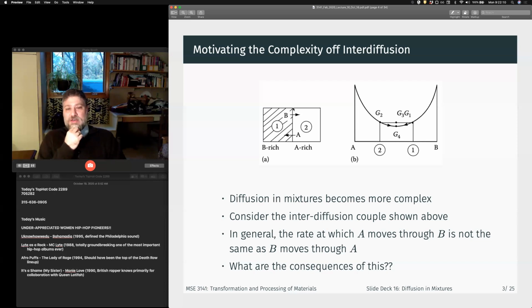The most well-known diffusion couple to you guys, even though you've probably never actually thought much about it, is actually a US nickel, right? Or any US coin, right? Where you have a nickel cladding on a copper core, right?